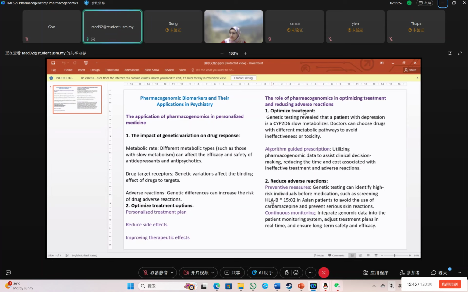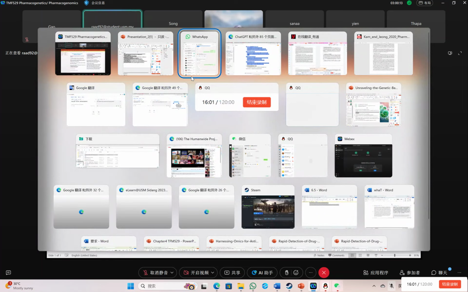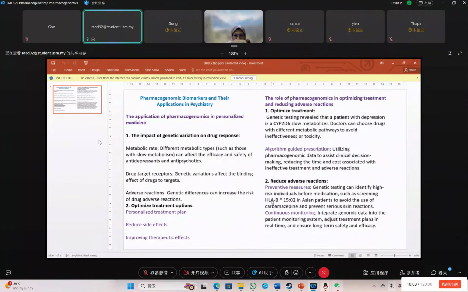Optimize the treatment, the genetic test available that patient with the CYP2D6 metabolism, the doctor can choose the drug using define the metabolism patient available efficiency toxicity.